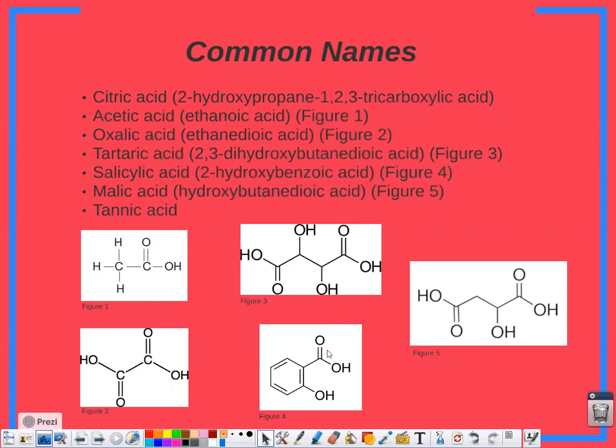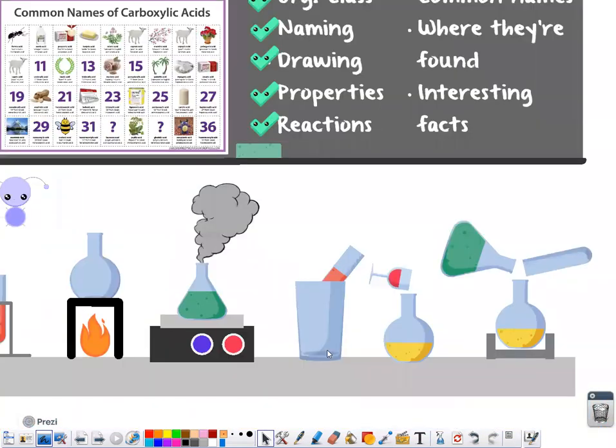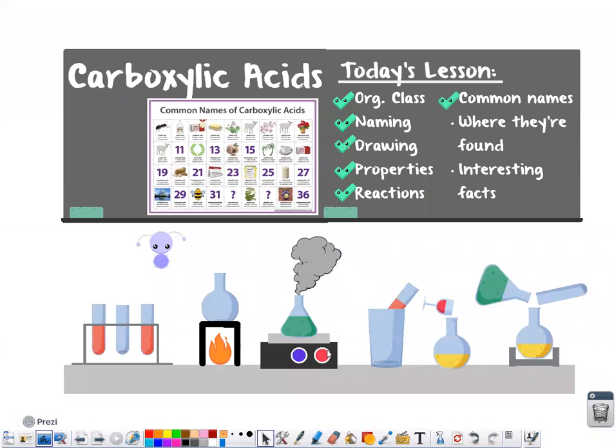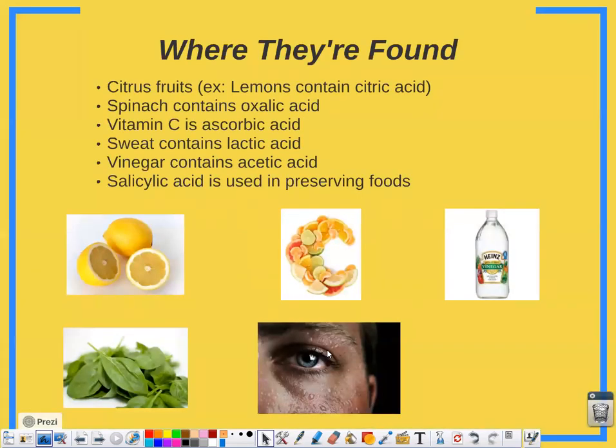Here are some important carboxylic acid examples with common names and IUPAC names. Where they are found, here are some examples.